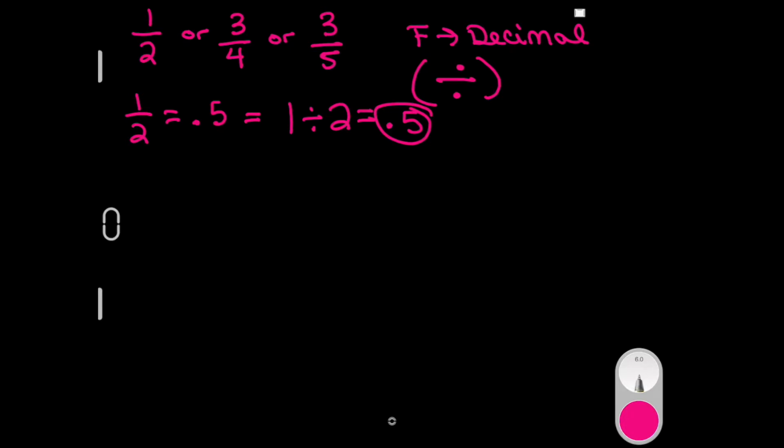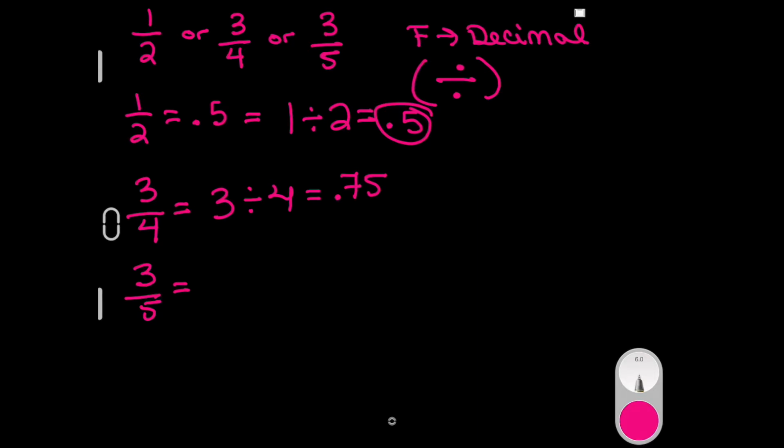Let's try it again. Maybe you have the 3/4. Well, in your calculator, I want you to put 3, the divided sign, 4, and hit the equals button, and that's going to give you 0.75. And just because I've written it earlier, let's try 3/5. Maybe you know this one off the top of your head, maybe you don't.